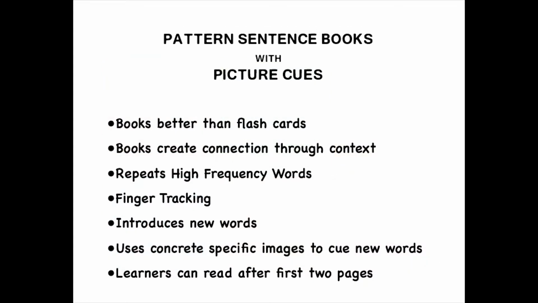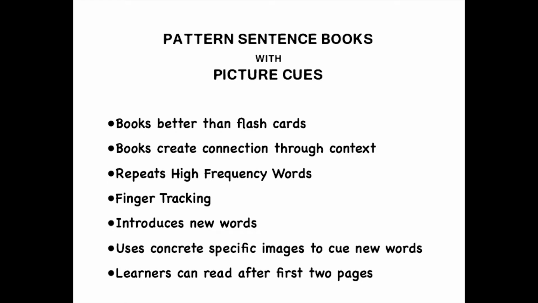The next thing we have to talk about for this stage of learning are pattern sentence books with picture cues. The books work better than flashcards because they create connection through context. They repeat high-frequency words, they allow finger tracking while reading, and they introduce new words.